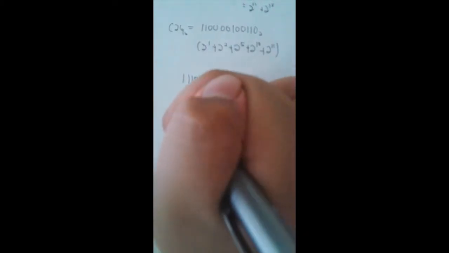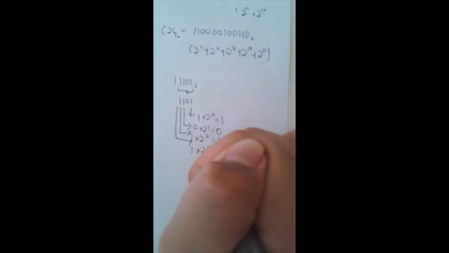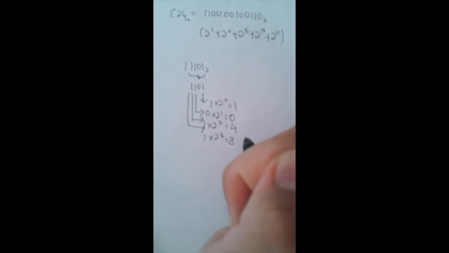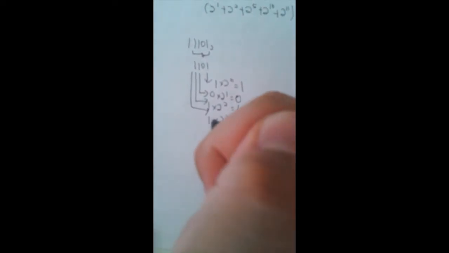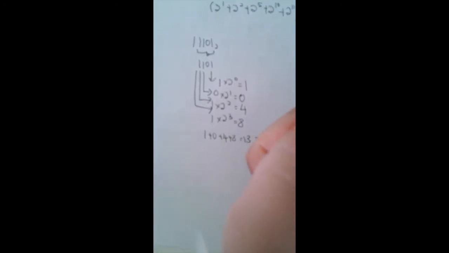And the fourth digit, 1, will be 1 times 2 to the power of 3, which is 8. So you just add them all together, and you get the first digit of the hexadecimal number, which is 13, and in hexadecimal is D.